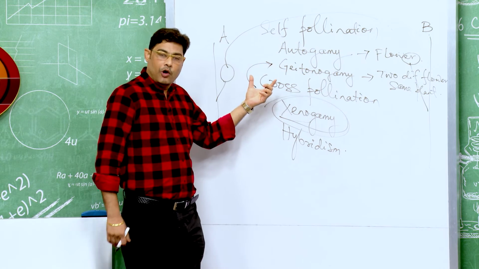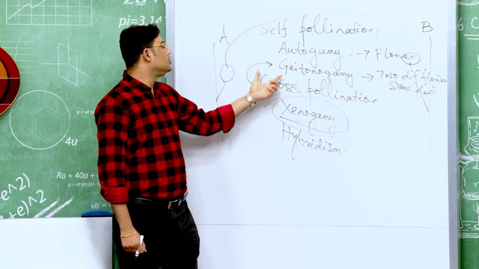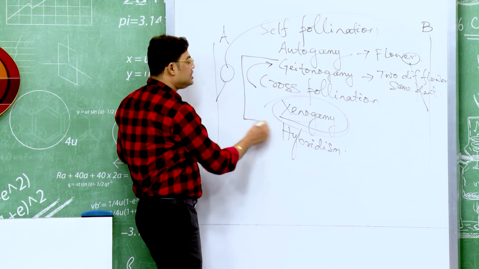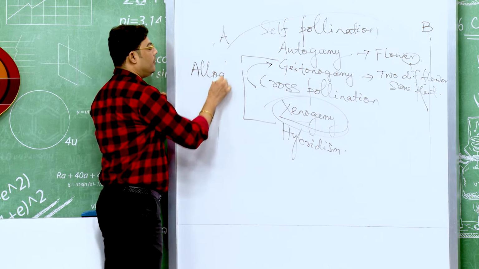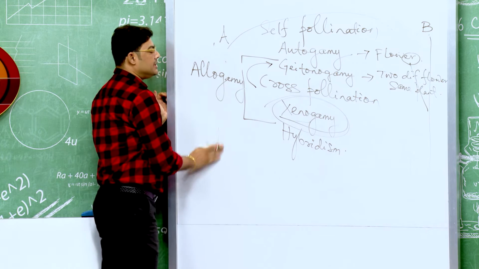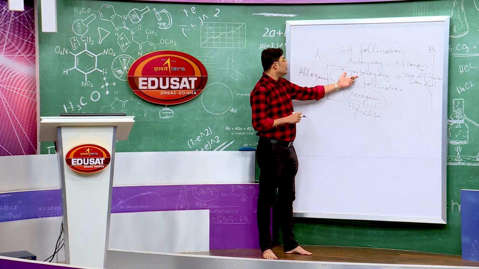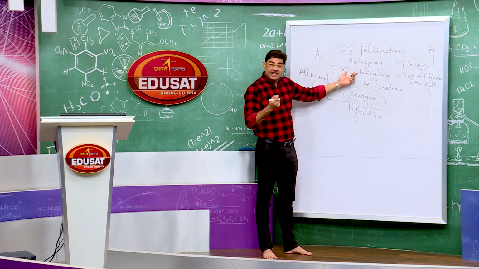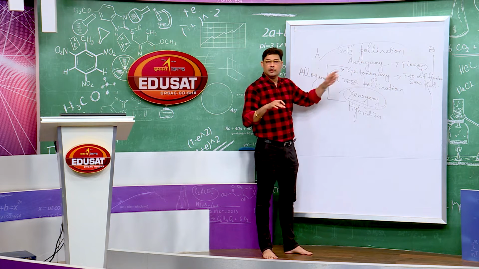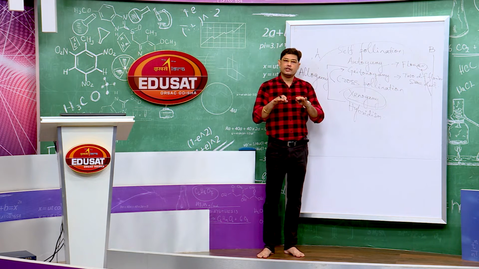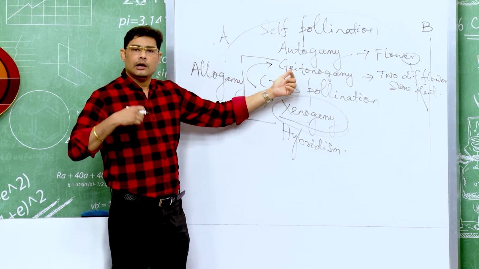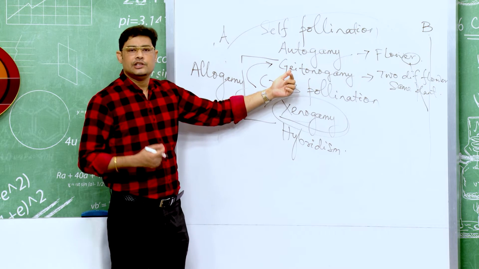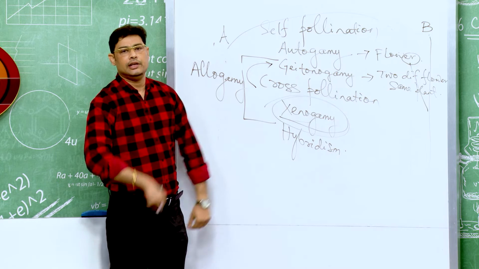Some authors have also considered geitonogamy and xenogamy together as another type of pollination called allogamy. Allos means different. So geitonogamy is genetically a type of self pollination, because two flowers born on the same plant are genetically similar, but ecologically some scientists consider geitonogamy as a type of cross pollination.